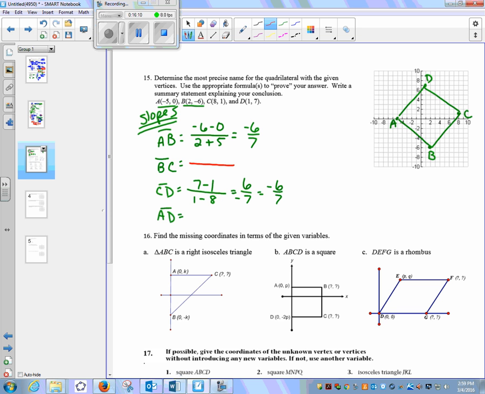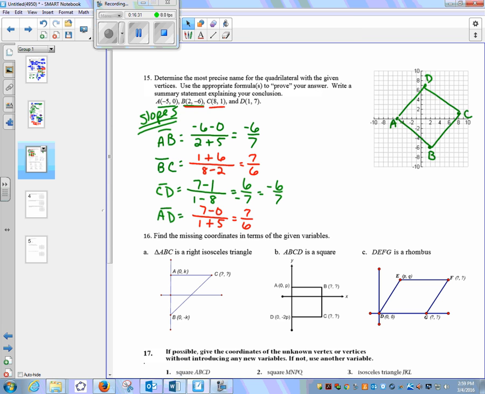I'm going to do BC. BC, 1 minus a -6 over 8 minus 2 is 7 over 6. And then AD is 7 minus 0 over 1 minus a -5, which is 7 over 6.